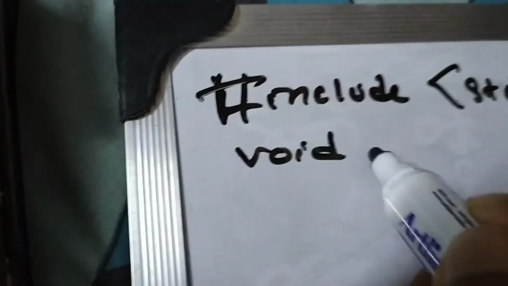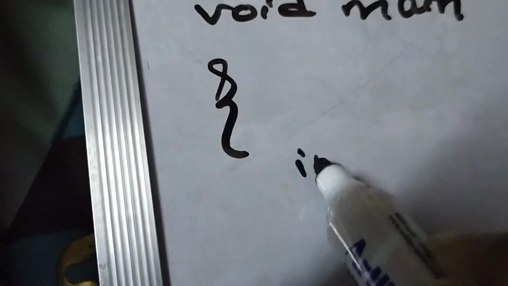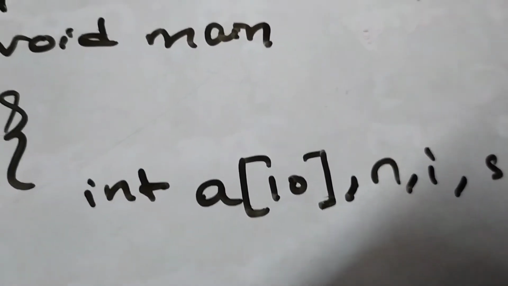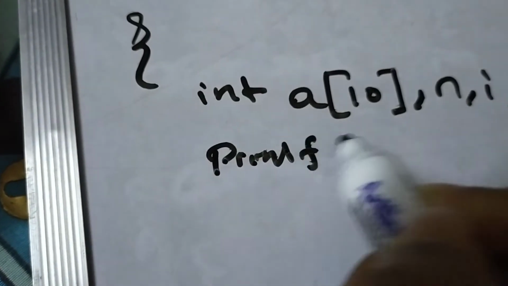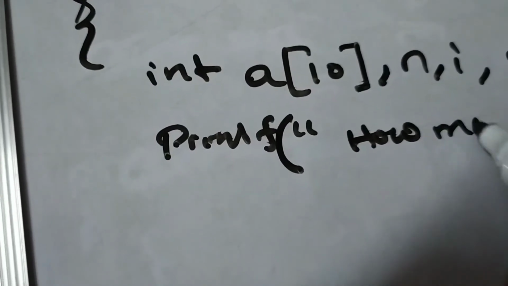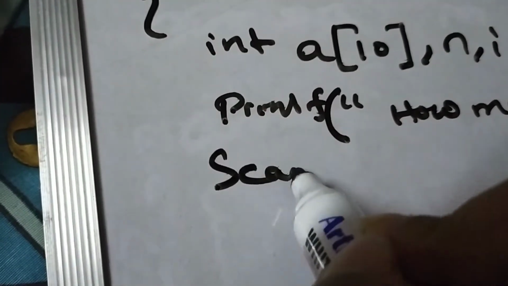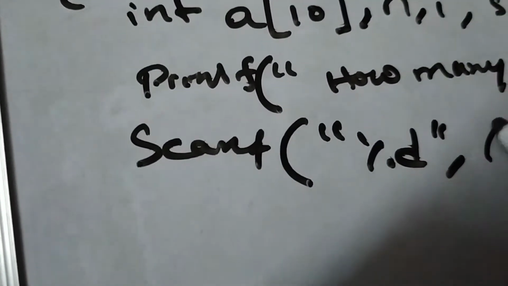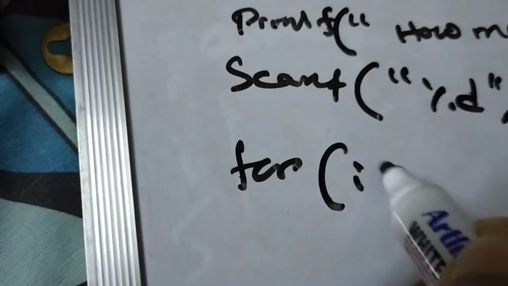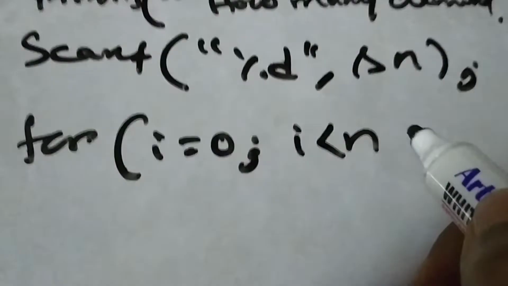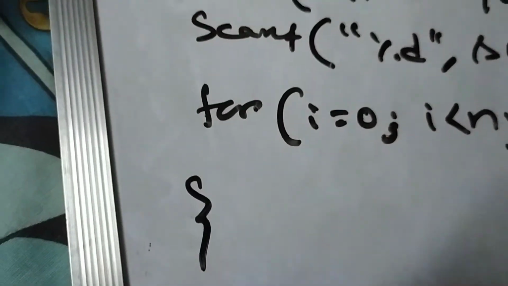So following the syntax, you write #include <stdio.h>, void main, int a[10], n, i, sum equal to 0. printf("how many elements?"); scanf("%d", &n); for i equal to 0, i less than n, i plus plus, again using the increment operator.